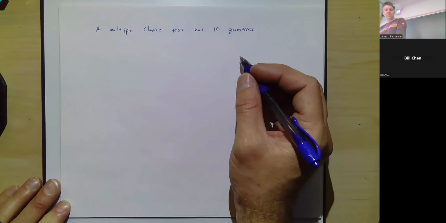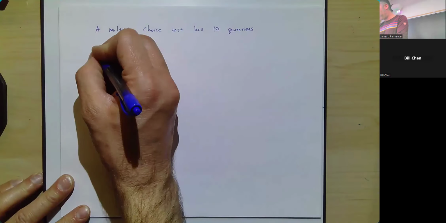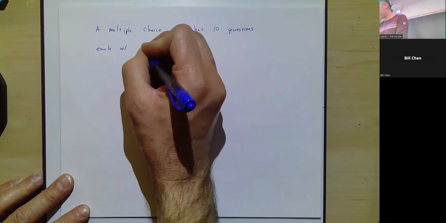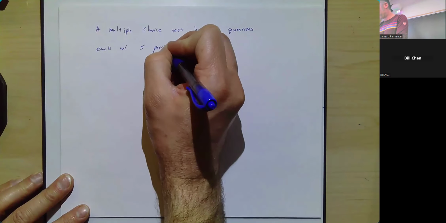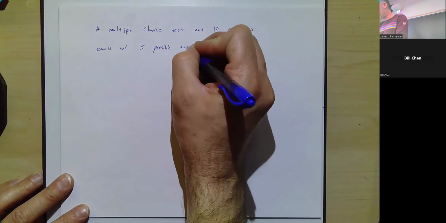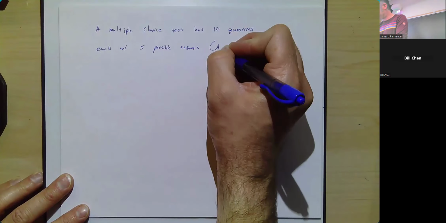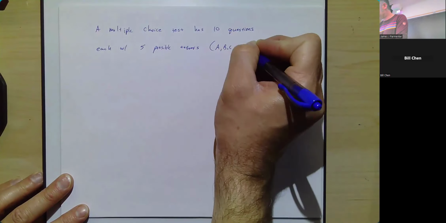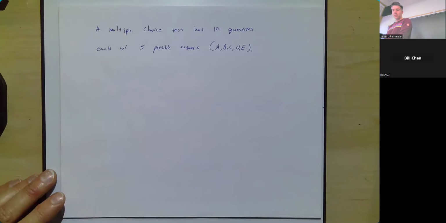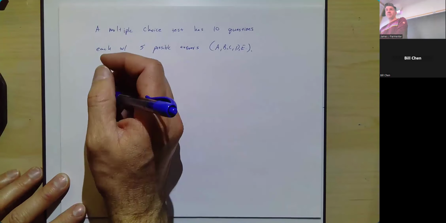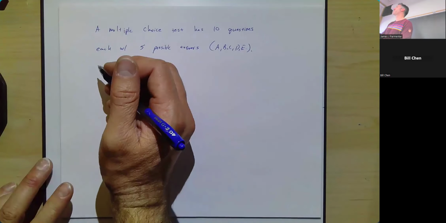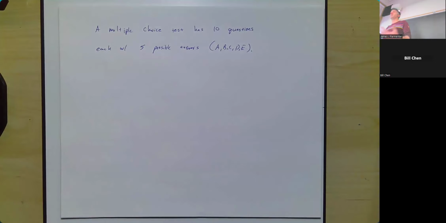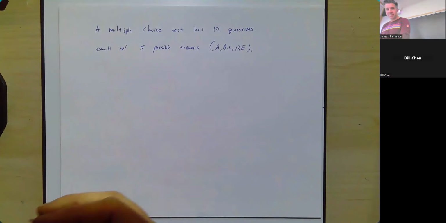Anyway, a multiple choice test has 10 questions, each with 5 possible answers. And we'll say the answers are A, B, C, D. Due to time constraints, we had no time to study. We forgot we enrolled in this class, and then I take the test, and we're just guessing.